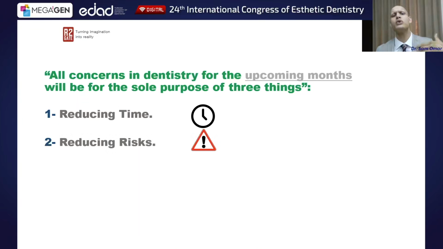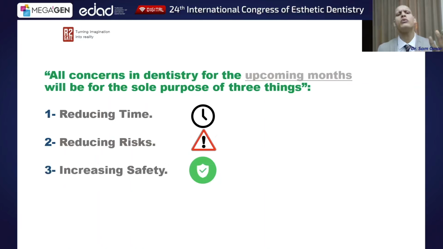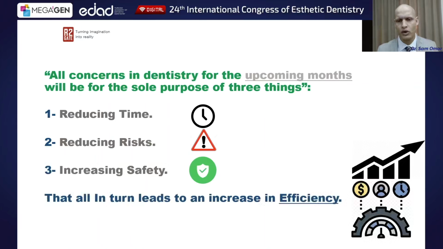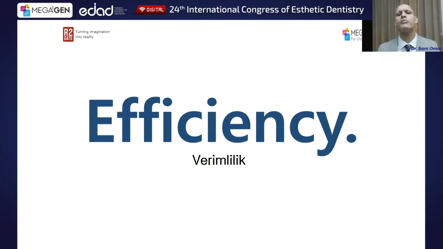We're trying to do our procedures with the least amount of risk for us and for our patients, and to increase efficiency for us, our staff, and our patients. Priorities have shifted from productivity and profitability to efficiency, and efficiency is our key word here today.